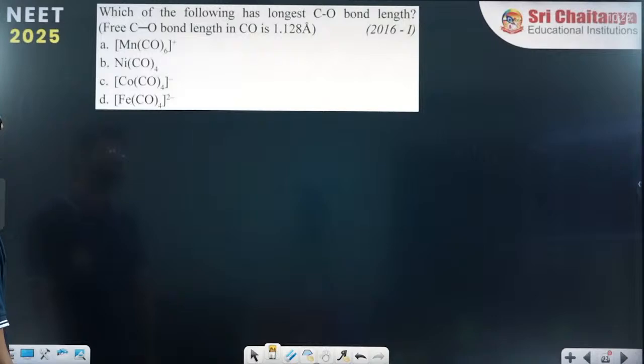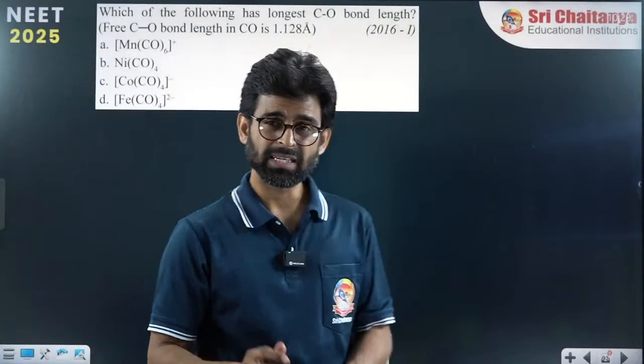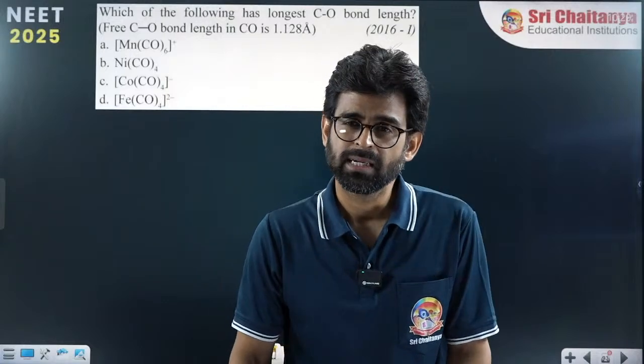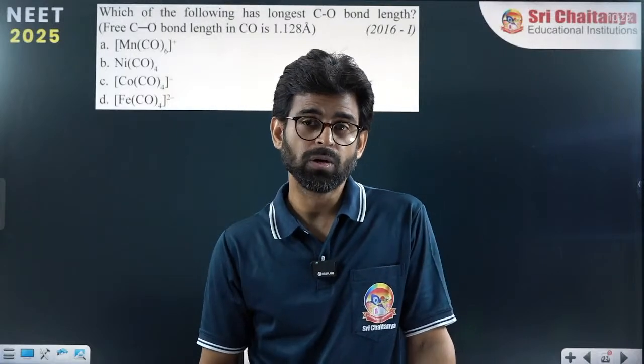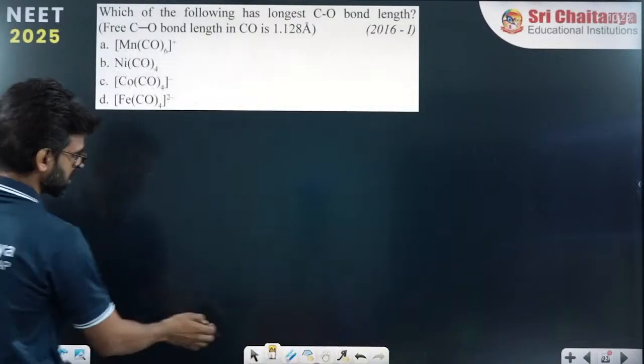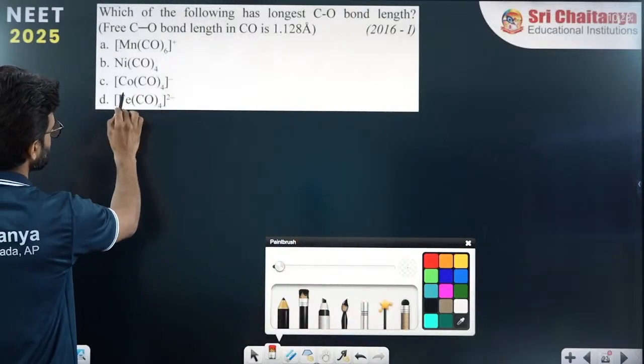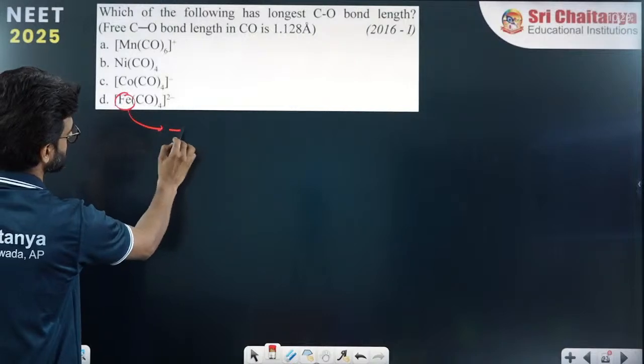The longest CO bond. Okay, see carefully. When metal and carbon make a very good synergic bond, the metal-carbon bond becomes strong, but the carbon-oxygen bond becomes weak, because of synergic bonding. This is how we check these questions, NEET question only. Fe has how much charge? -2.